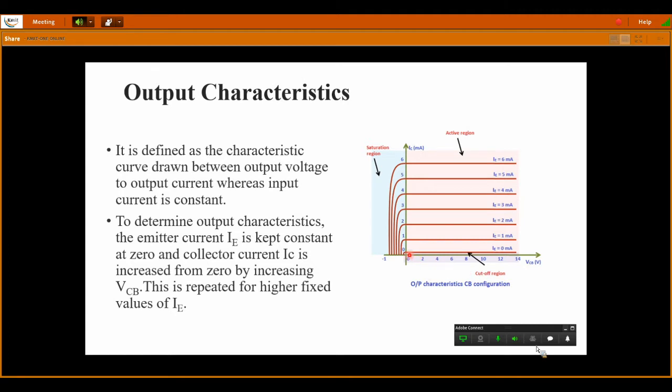It depends only on the carriers which enter the collector region, which depends on the input bias voltage you apply on the transistor. So if IE is 0, then IC is also 0. If IE is 1 milliamp, then IC is also 1 milliamp.